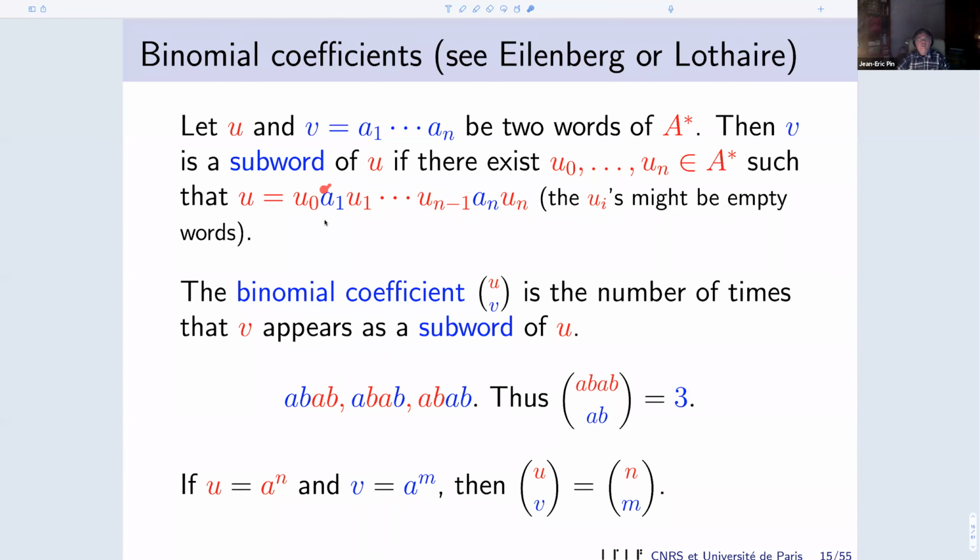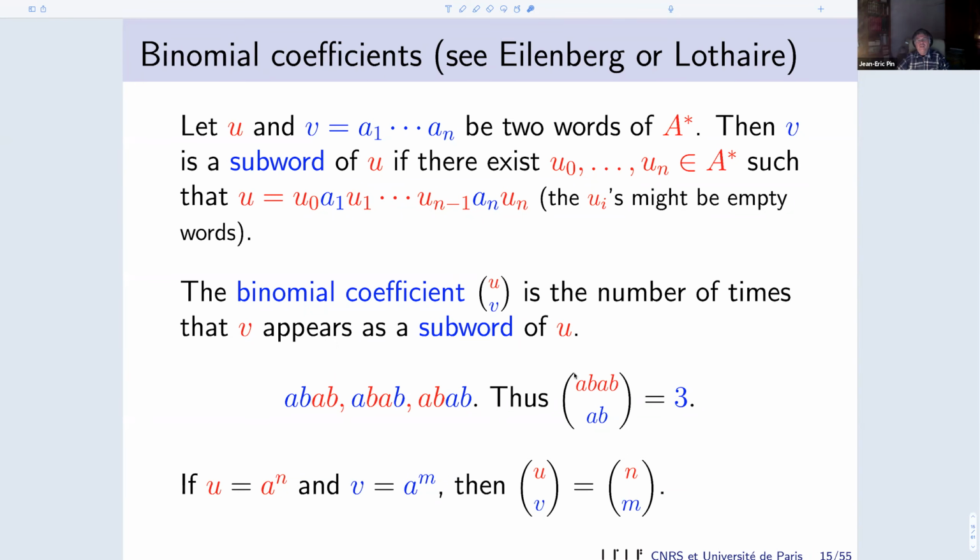You can find A1 up to AN as a subsequence of the full word. And now the binomial coefficient is the number of ways to write V as a subword of U.